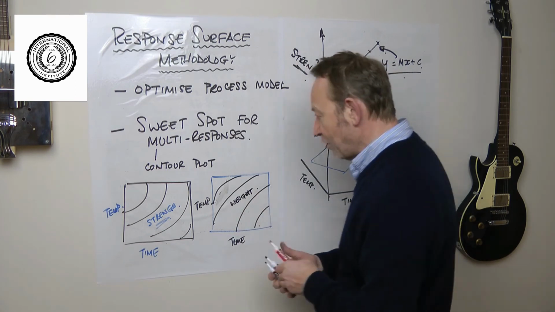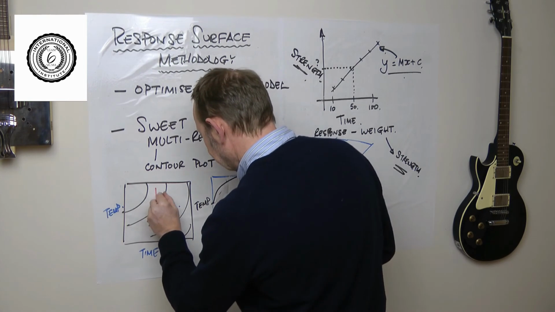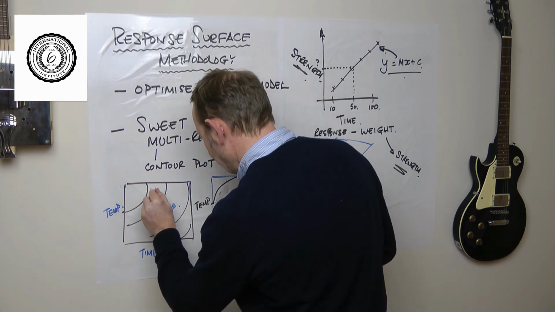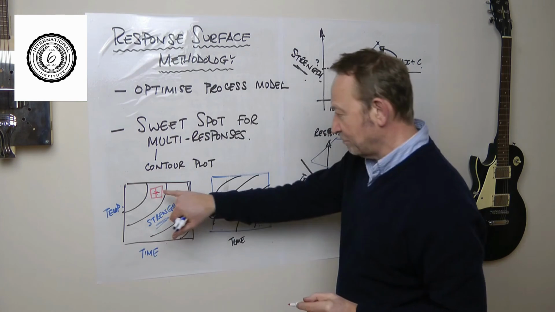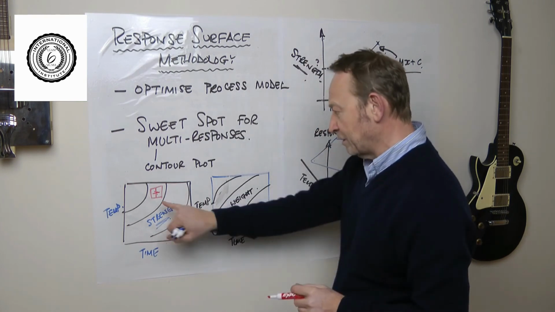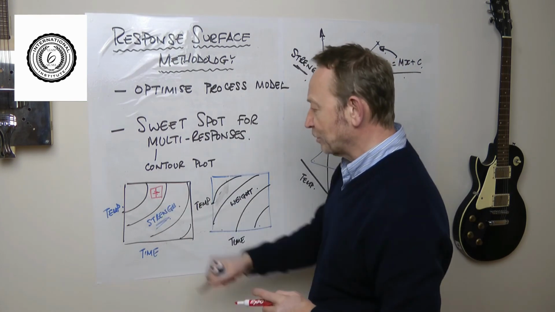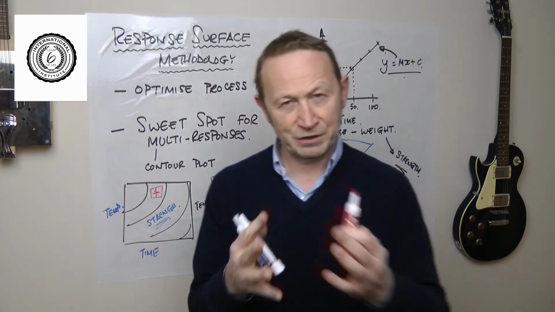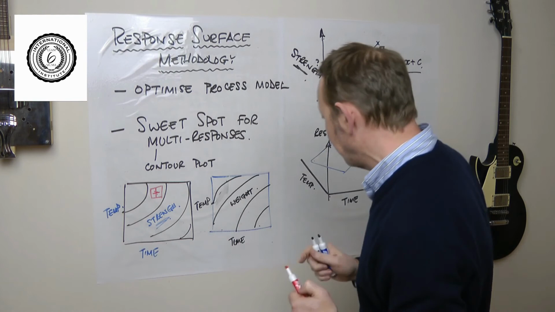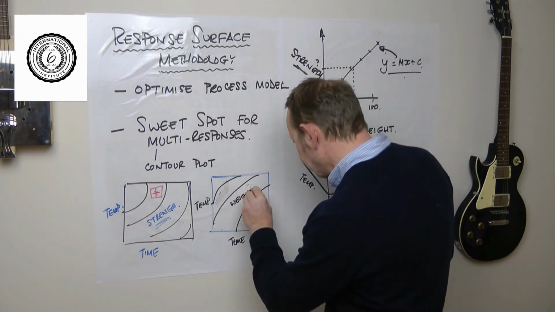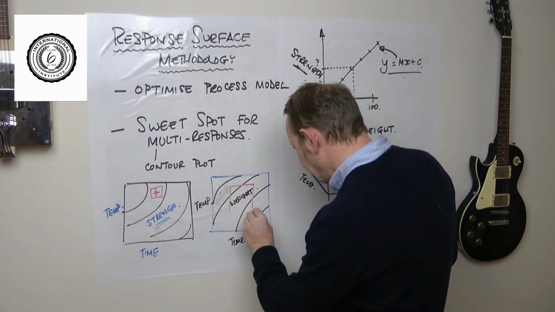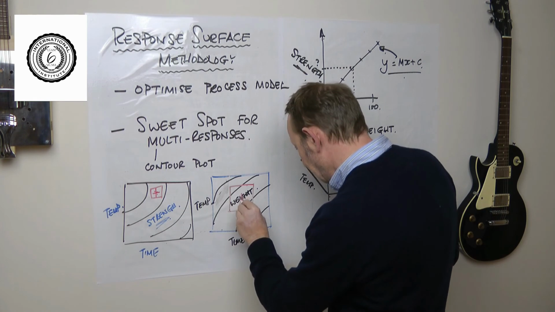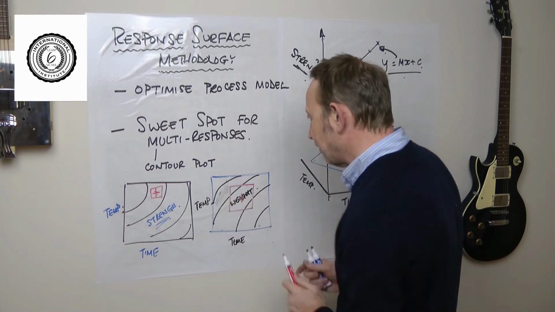And we would have a target strength, which could be in this region here. So the centre of that region would be the absolute nominal that we're trying to hit. The size of the box might be the tolerances that we're able to be in. And then for the weight, same thing, we might have a target and we might have a tolerance.